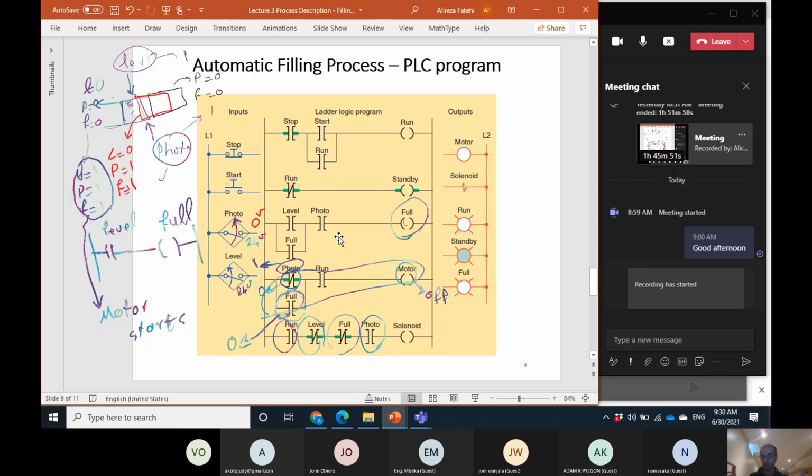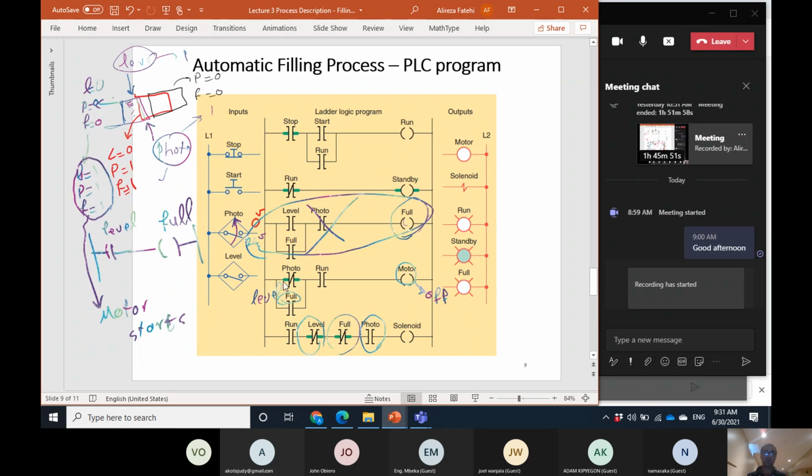And it is very likely, don't worry about that if this happens. It is very likely that at the beginning, when we build the program, we just, instead of this, simply had, for example, this as a level sensor. And we say that, okay, if the level reaches 1, then the motor turns on.